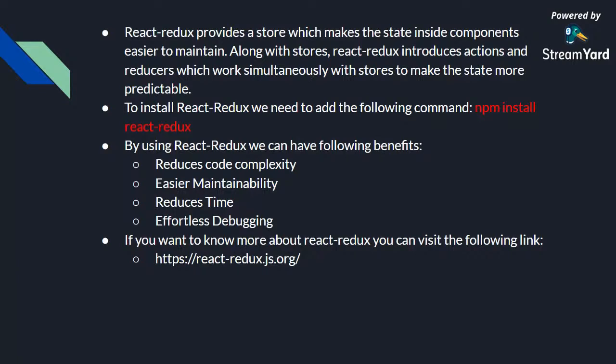You would need to traverse to the project folder, and in that folder, execute this statement: npm install react-redux. This will add all the necessary packages that you need to implement the Redux flow into your application.